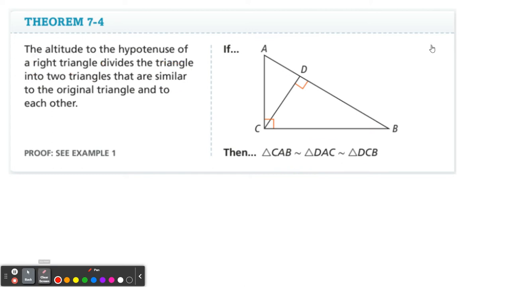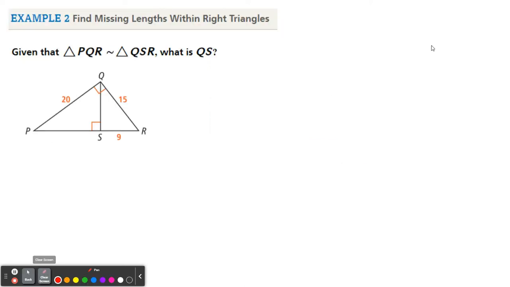Okay, so let's take a look at this example here. It says, given that triangle PQR is similar to triangle QSR, what is QS? Now we can use this correspondence to help, or I can also try to draw the picture and see it from that point of view as well, right? So if we take a look at this big triangle PQR, let's ignore that this QS is even here, right?